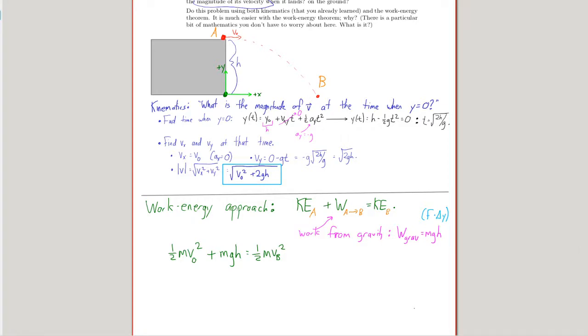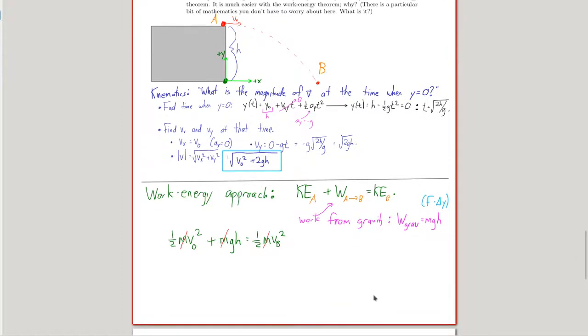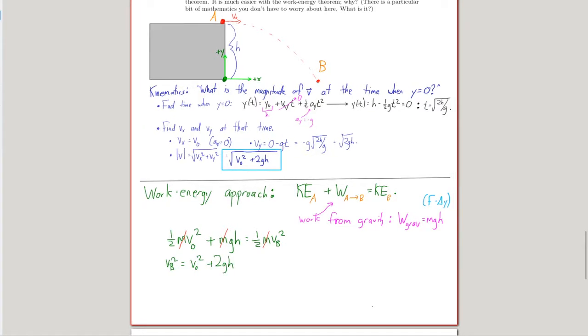And now all there is to do is to solve for vb. I can cancel my m's. I can multiply through by 2. So that gives me vb squared is v naught squared plus 2gh.